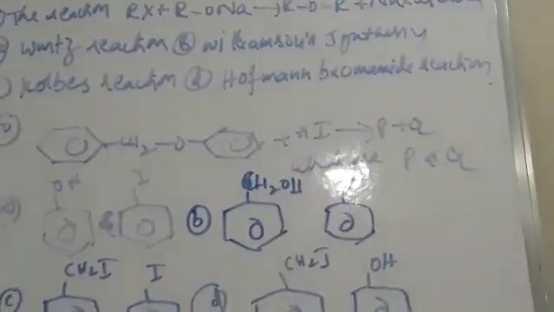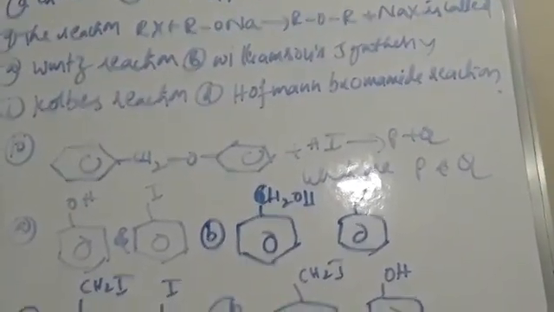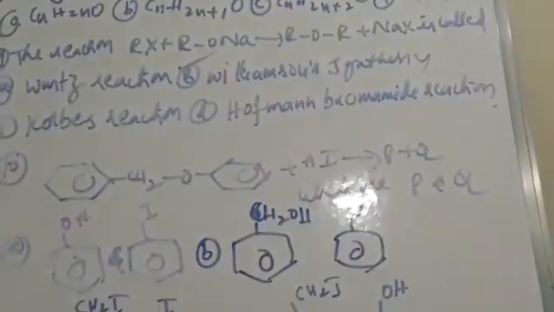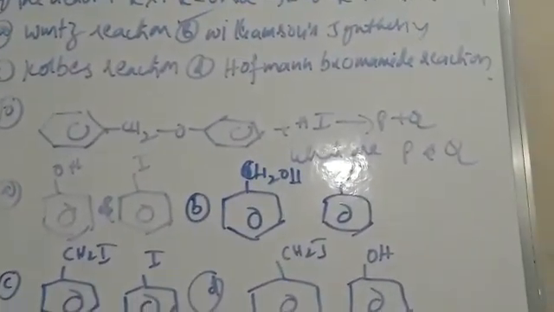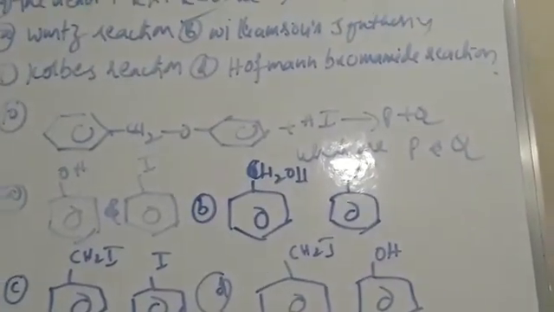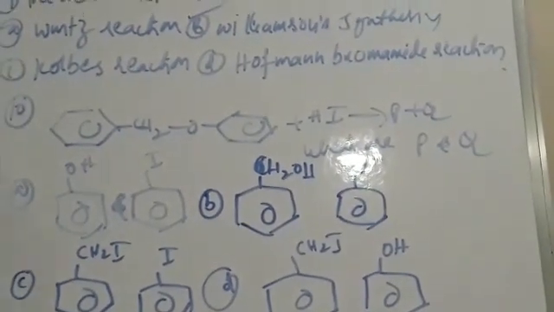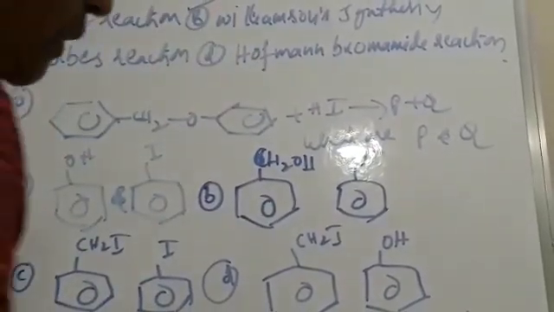So it is a very important reaction which is used for the preparation of ethers. So that is Williamson synthesis, okay. Alkyl halides undergo reaction with sodium alkoxide. We get ether along with the formation of sodium halide. So this is Williamson synthesis, okay.